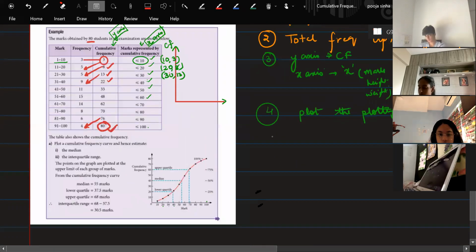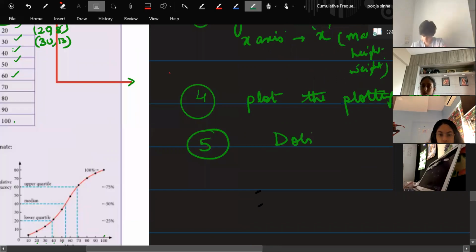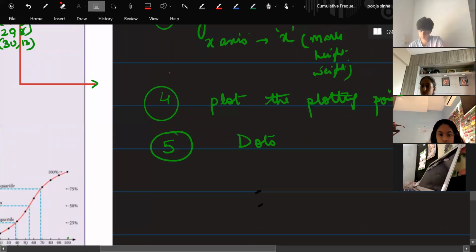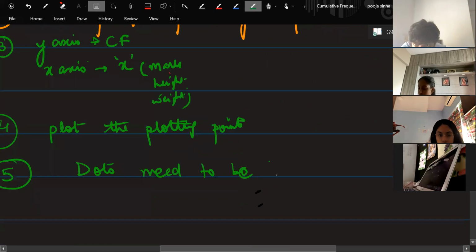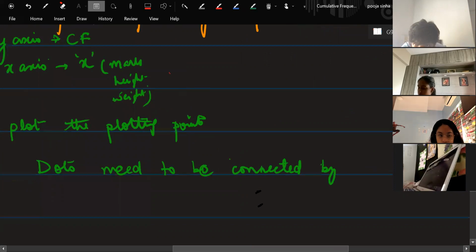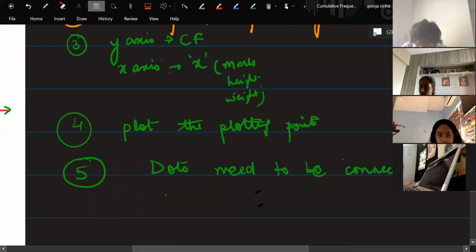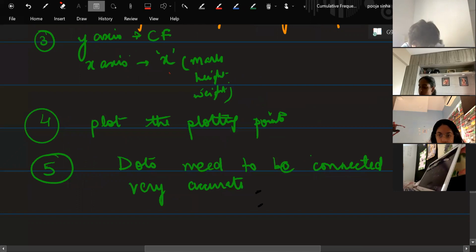That's clear. So when you make your plots, you do get dots. You get dots, right? Dots need to be connected by a very accurate curve. It's a cumulative frequency curve, so very accurate curve. Important point.